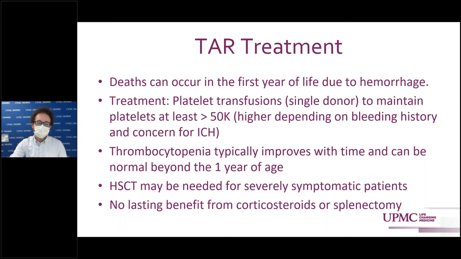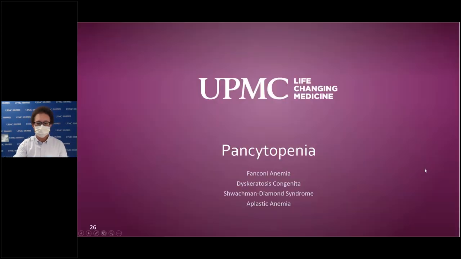However, there is a certain subpopulation that don't always improve or have a severely low count for a long period and are symptomatic, to where a transplant is an option for those patients. And there's not really much benefit from corticosteroids or other interventions for these patients.